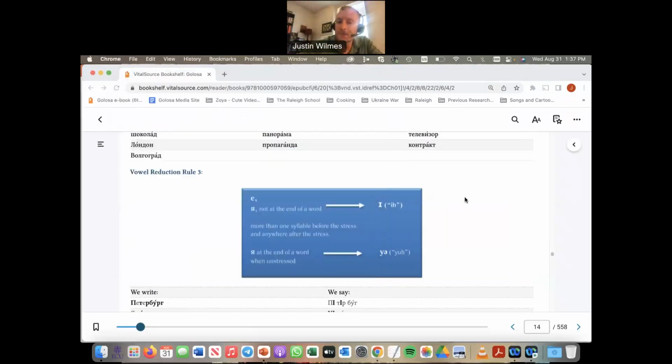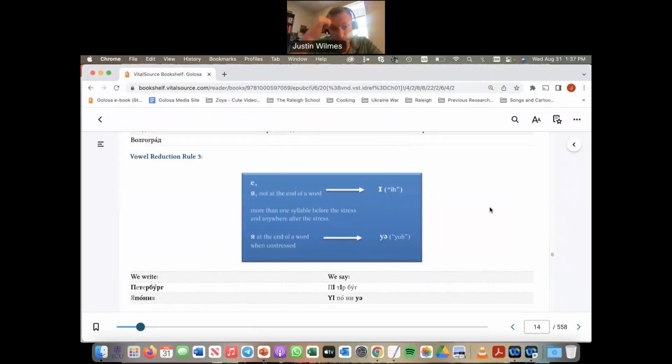Okay. Finally, there's vowel reduction rule number 3. Again, I didn't focus on this a whole lot in class. This is a little bit more nuanced than I want to really test you on at the moment, but I do want you to read it and be aware of it.